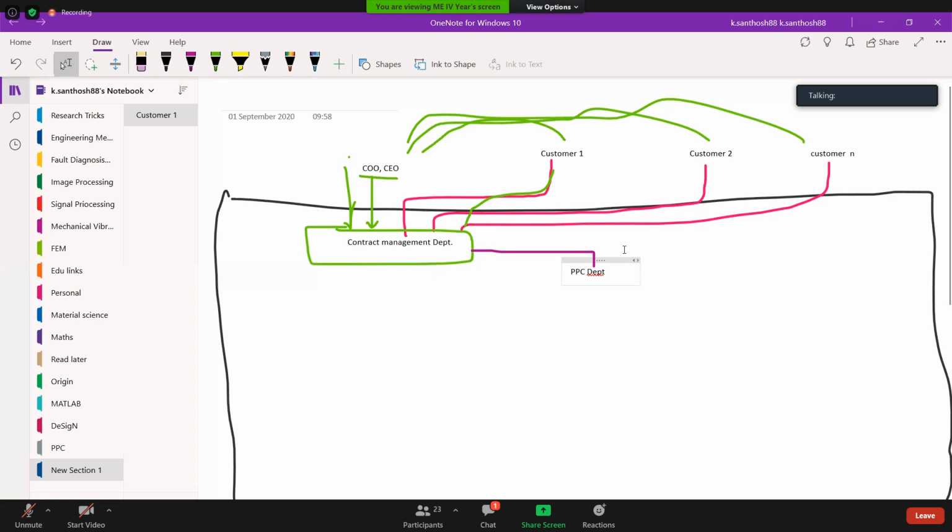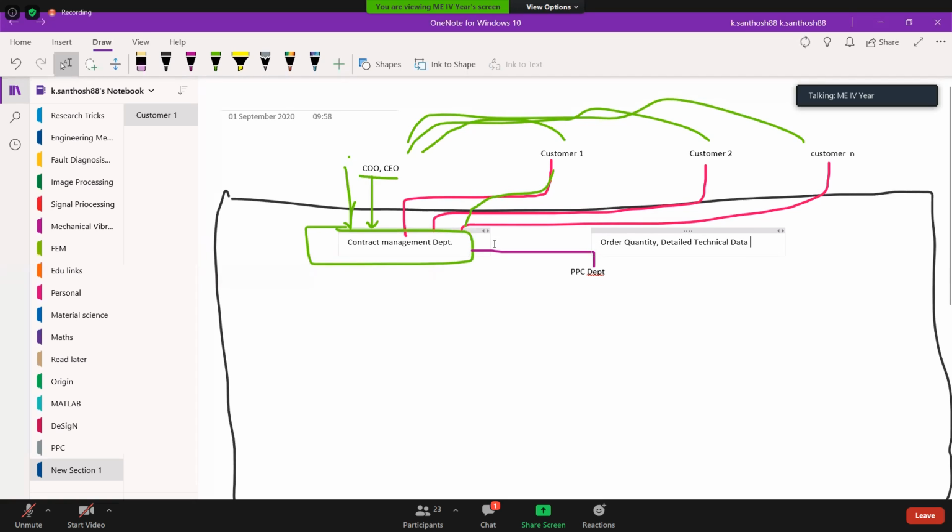What is the input? The order quantity and detailed technical data from the contract management.